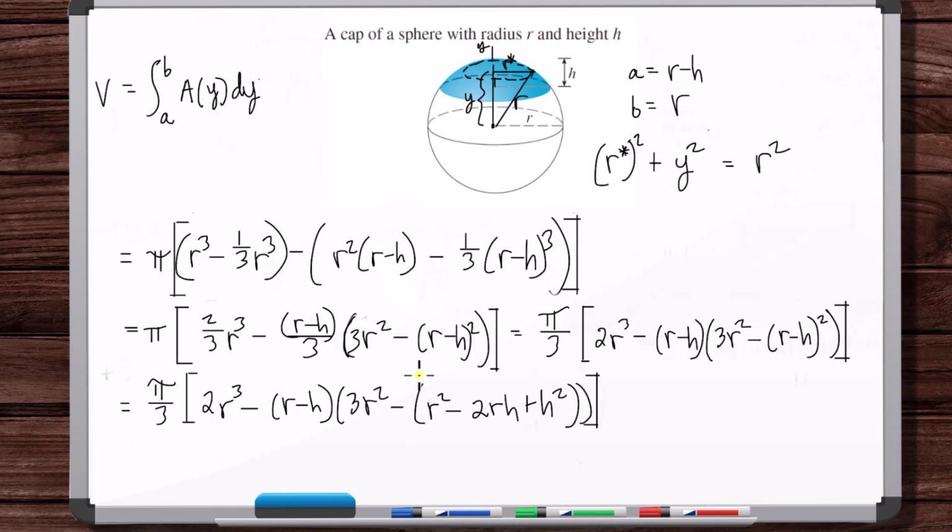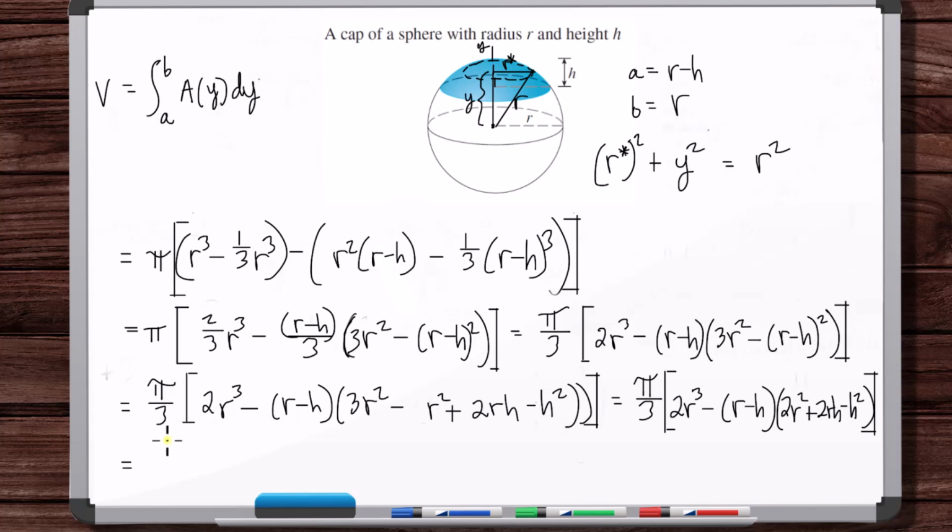And if we distribute this minus sign, we get plus minus. And so we've got two r squared plus 2rh minus h squared.